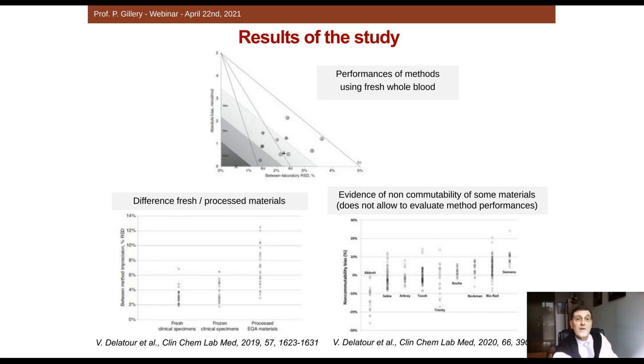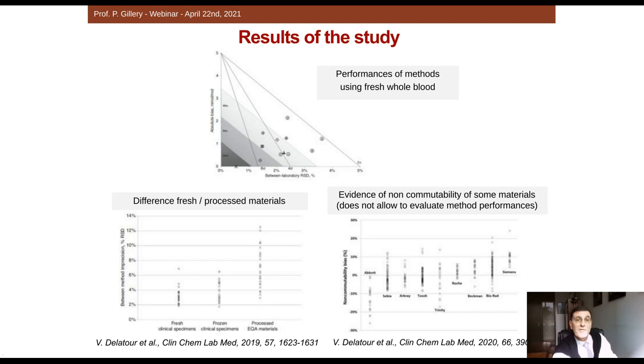Here you have the results on the left of fresh clinical specimens, in the middle of frozen clinical specimens, and on the right side of the panel, processed EQA materials.